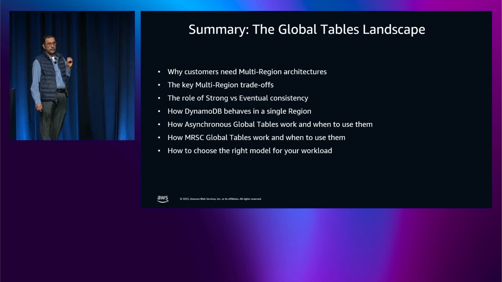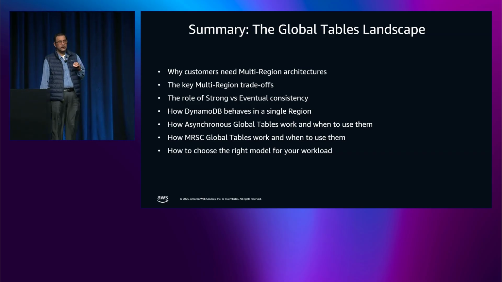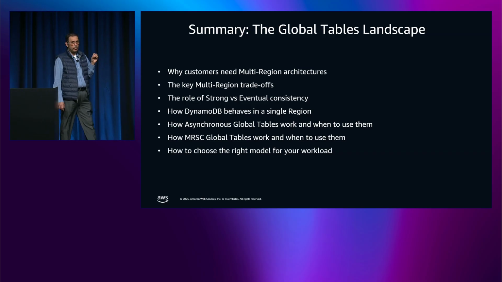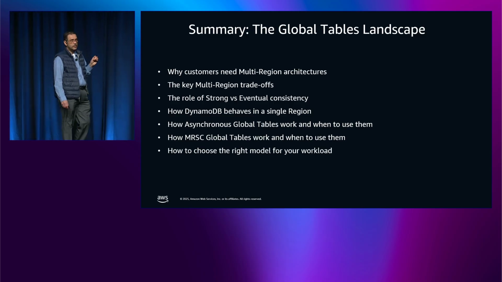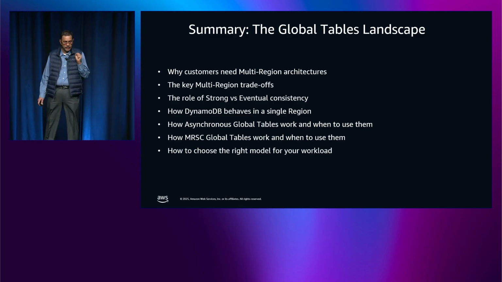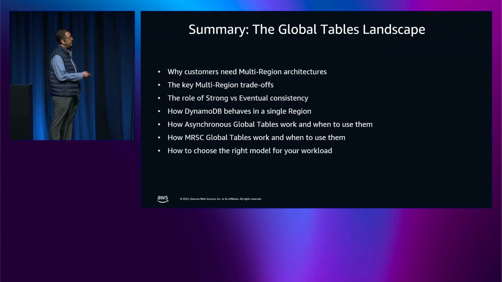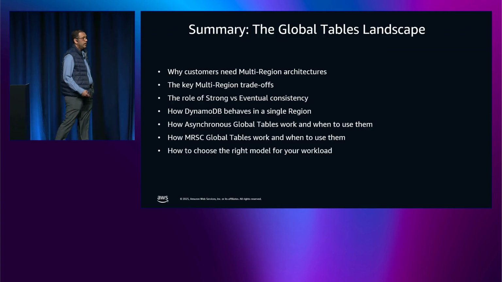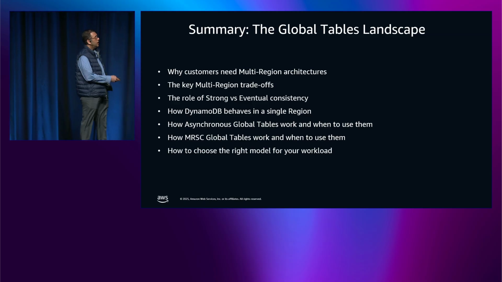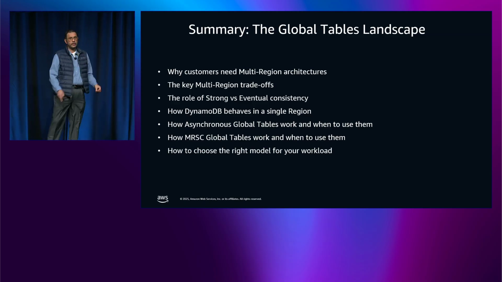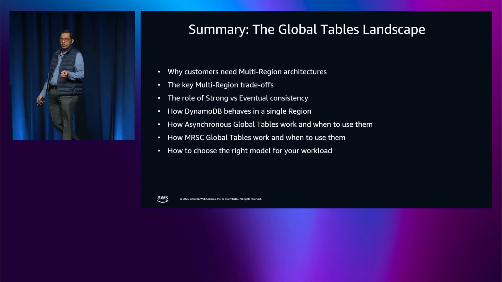There are multiple trade-offs when you go from one region to multiple regions, and when you go from multiple regions asynchronous to multiple regions synchronous. One of the things which we've realized is that building applications which scale is typically much easier if you're able to embrace eventual consistency.